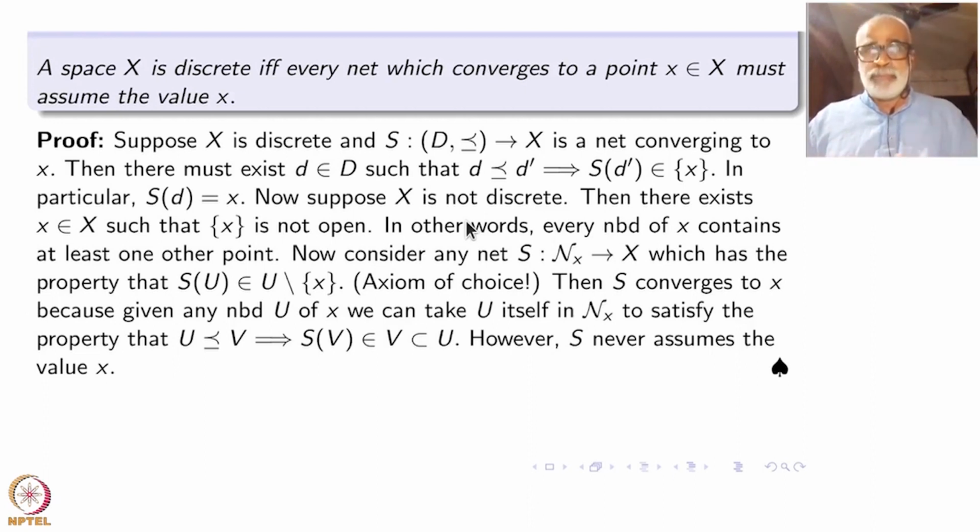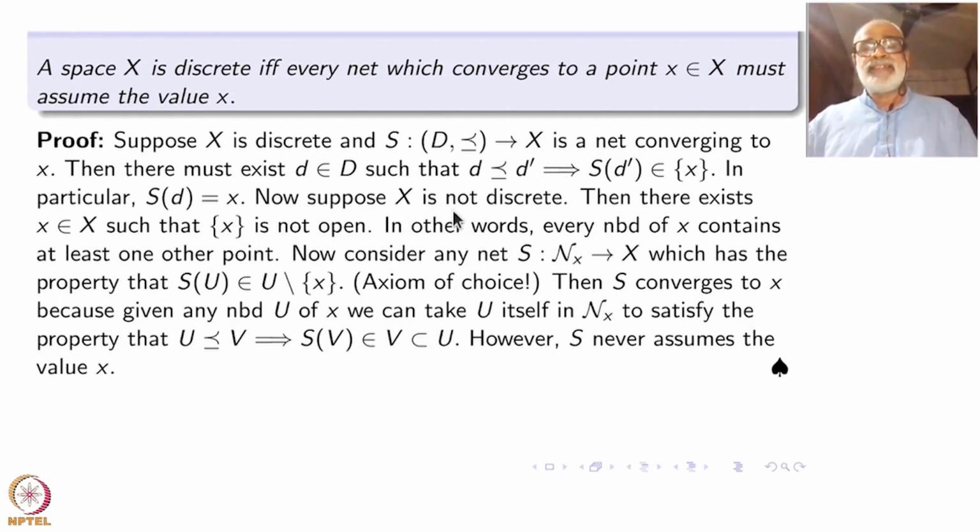So that is not a surprise. But this property characterizing the discrete space is something new, coming out of nets, not out of sequences. So you pay attention to that. Let us prove the converse here.